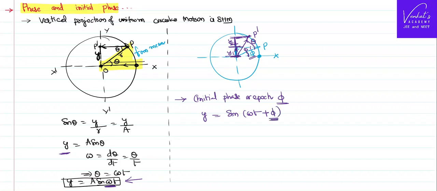Why have I written a plus here? Because it has some angular displacement even before we start.